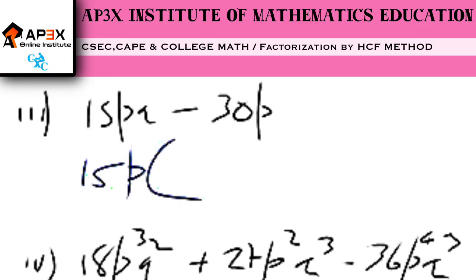Now, 15 cancels 15, as we've been saying previously. P cancels P, so that's simply going to leave us with Q in the bracket here. And so, of course, 15 goes into 30 two times, and P will cancel the P on the right, so there's nothing left. Close the bracket, and our expression has been factorized.